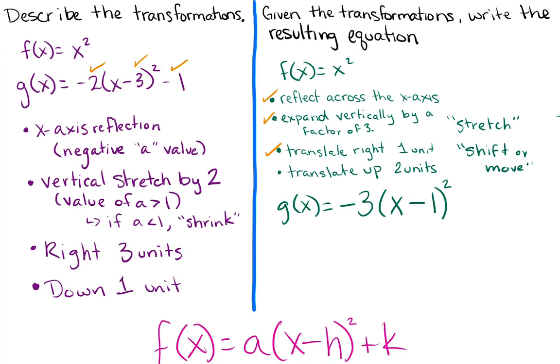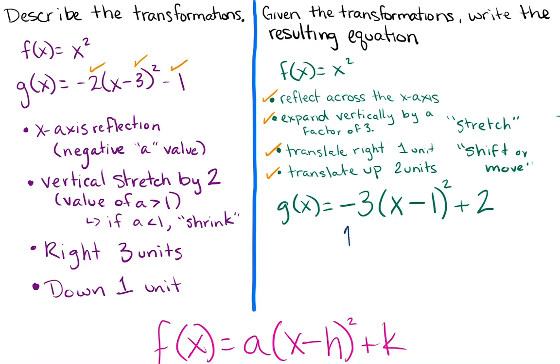So up is towards positive numbers, so I'm going to put up 2. Okay, so what I have here is 4 changes to the equation that have caused the graph to move according to the 4 transformations that were described above.